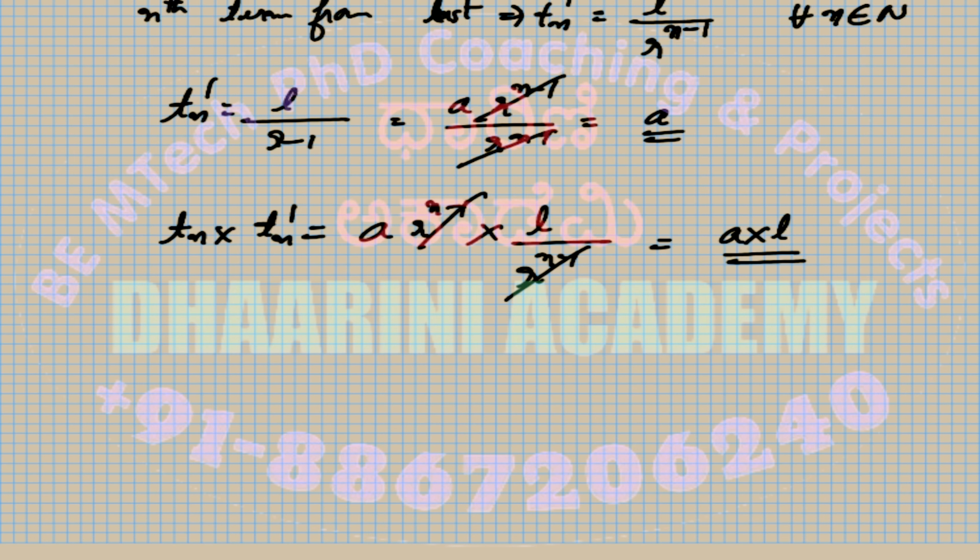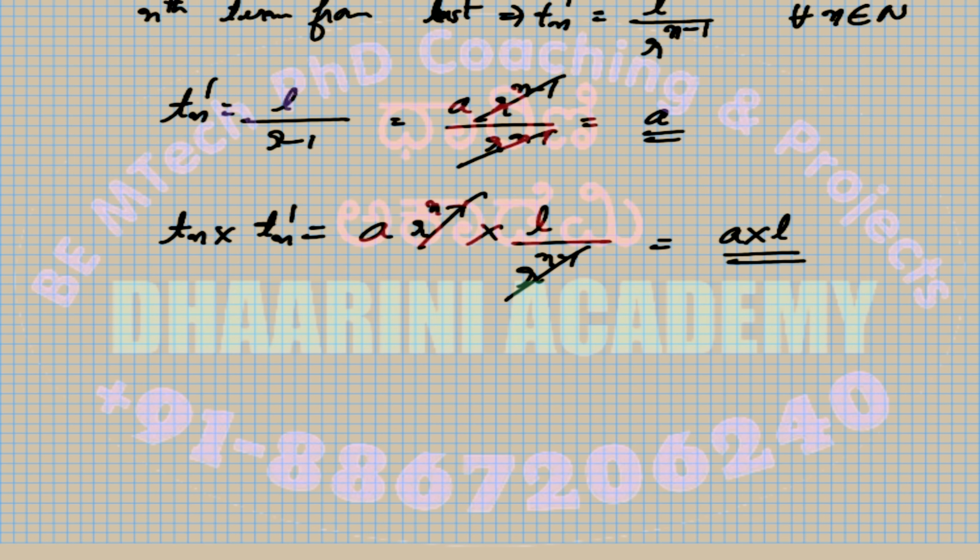Let us assume that the three terms which we are considering, A, B, and C, are in GP. If that is the case, then the common ratio can be found as B by A, that is equal to C by B. This implies I can cross multiply: B square is equal to A into C. This is one condition.